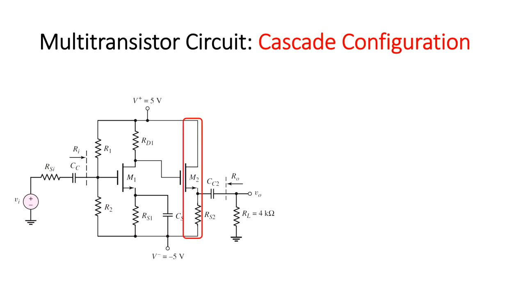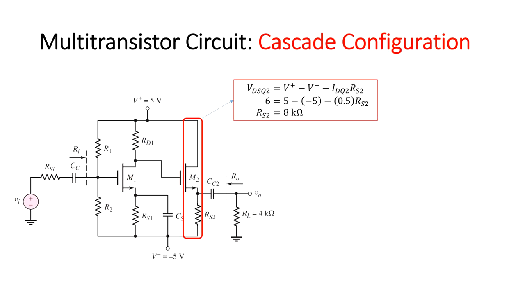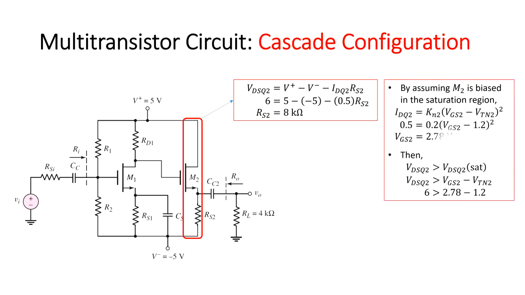For this part, the resistor RS2 can be calculated. By assuming M2 is biased in the saturation region, its gate to source voltage is found and the saturation region assumption can be verified.